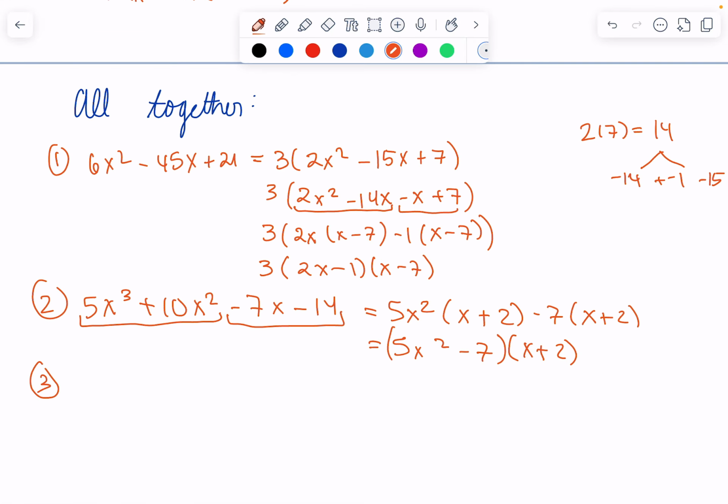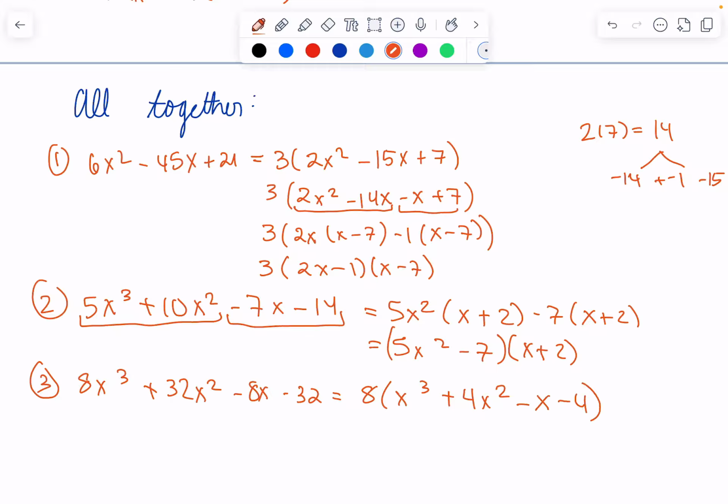Another example. 8x cubed plus 32x squared minus 8x minus 32. 4 terms. They definitely have a GCF. They all have 8 in common, so I'm factoring that out. So 8 times x cubed plus 4x squared minus x minus 4.